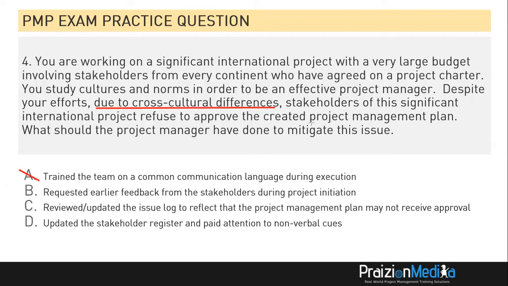So what could you have done in initiating is the question, or what could you have done prior? So requested earlier feedback from the stakeholders on the plan? That wouldn't have changed because it says they've agreed on a project charter. So obviously, earlier feedback during initiation on a plan is not even doable. Doesn't make sense. So we're going to cancel B.